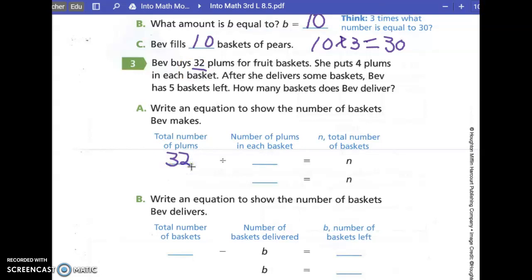She puts what? 4 plums in each basket. Okay? How many 4s in 32? 8. So N equals 8.